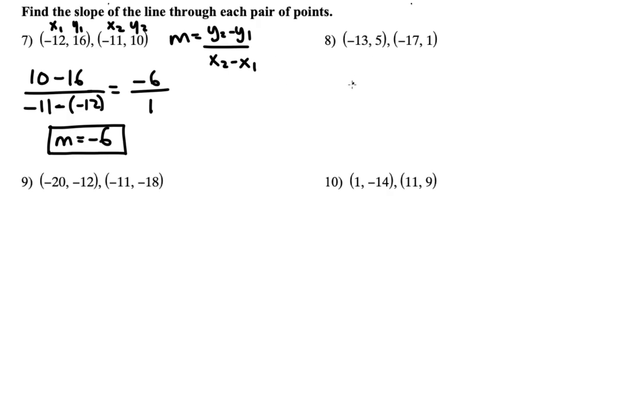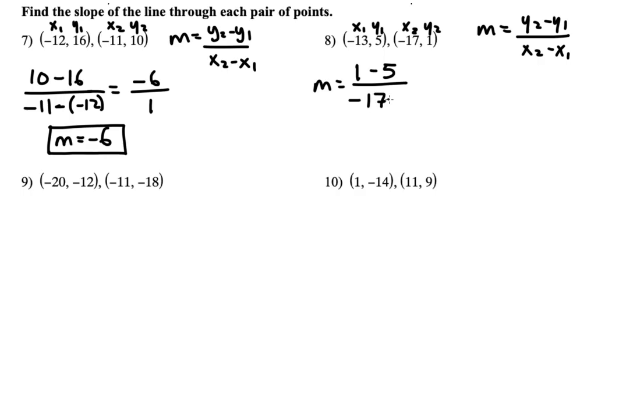We're going to use this same formula for problem number 8, where I'll call this x1, y1, and x2, y2. And again, our formula is just y2 minus y1 over x2 minus x1. And so m is going to equal 1 minus 5 over x2, negative 17, minus x1, negative 13. 1 minus 5 is negative 4.